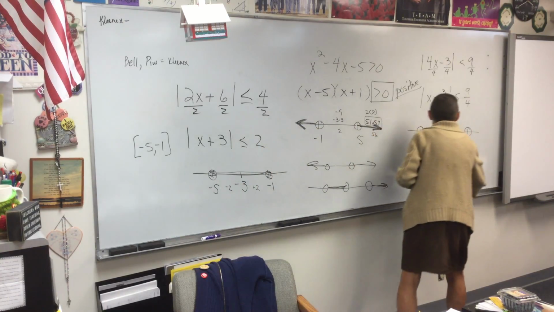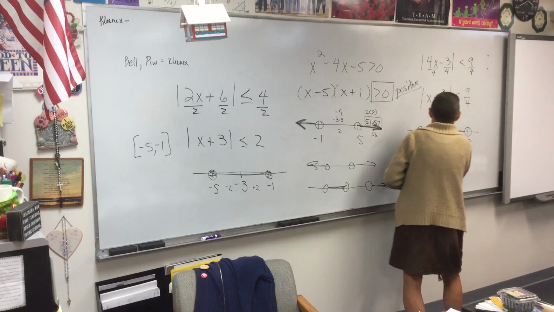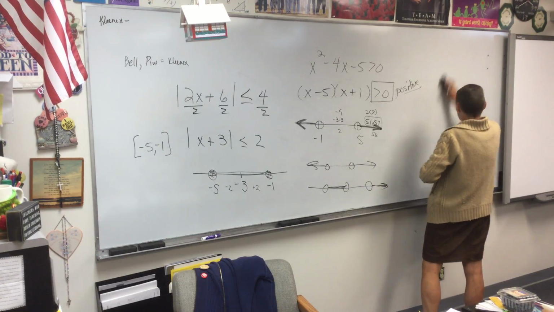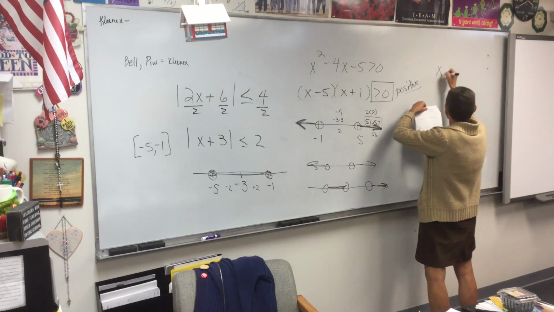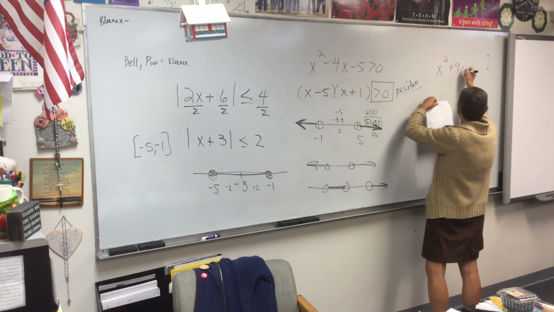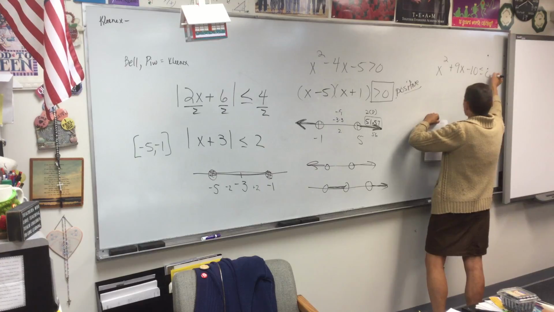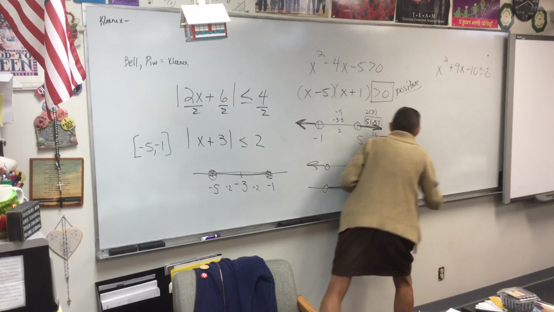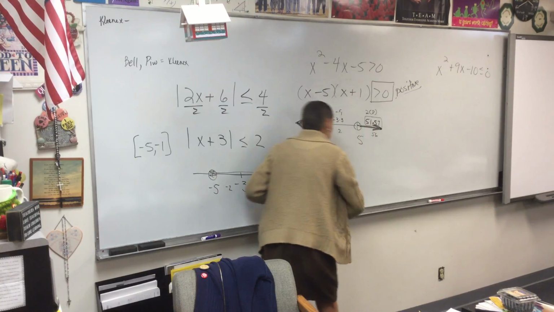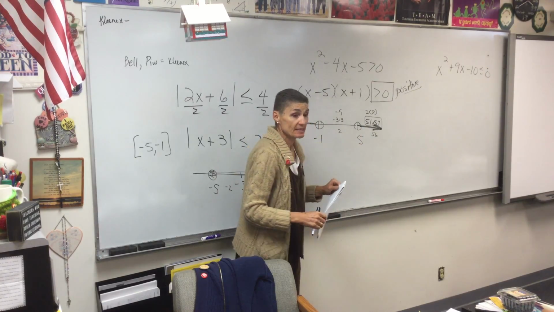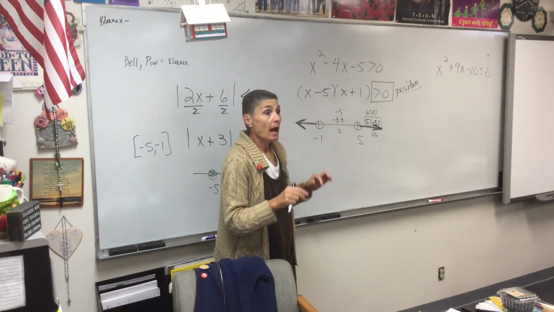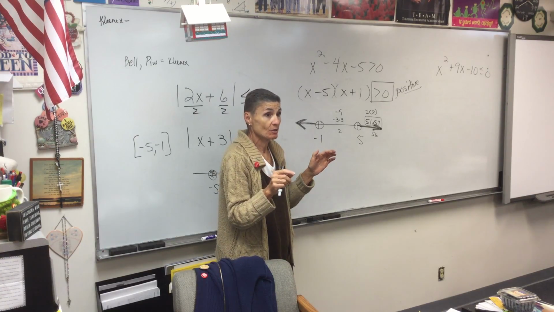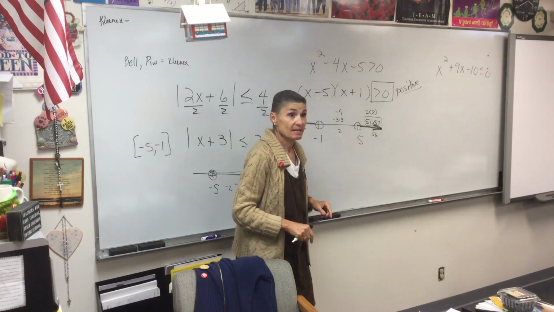Let's try another one. Let's look at B. How would you grade a problem like that if everyone has a different answer? Oh, wait a second, I didn't write the answer. Thank you for reminding me. I colored it, but I never wrote it. No, honey, we are all going to get the same answer. How you get there will be different, but we're all going to get the same answer, because you're going to be shading in the same spots.